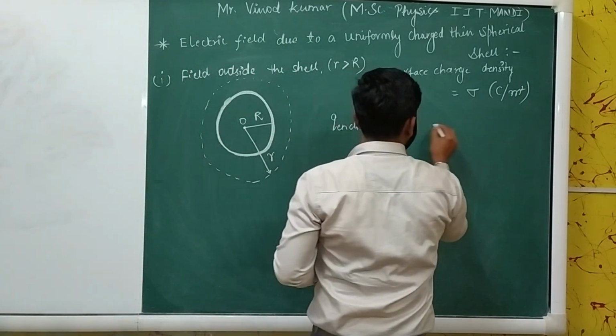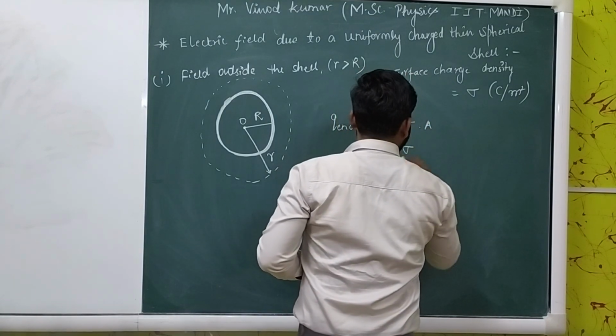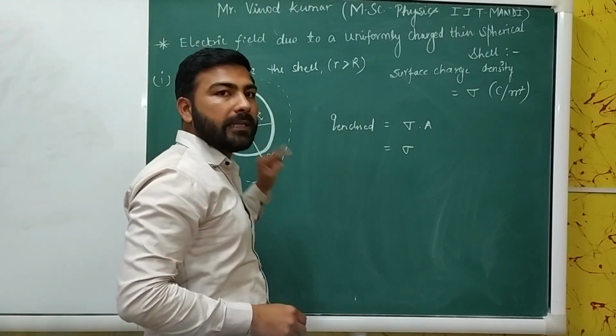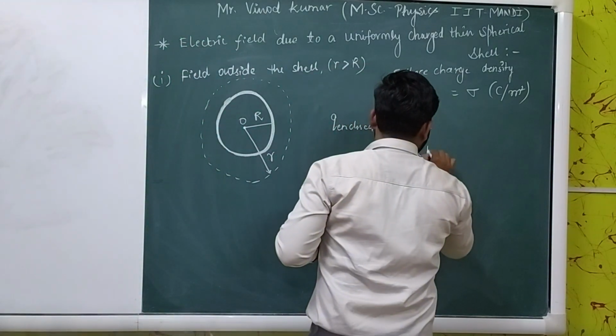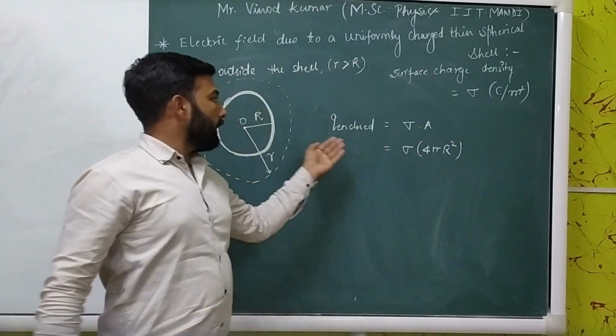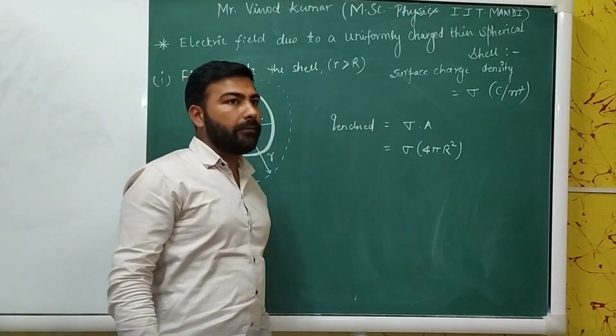That means the charge density into its area. And if the radius is capital R, then the surface area of the spherical cell will be 4 pi R square. This is the charge enclosed in this outer Gaussian surface.